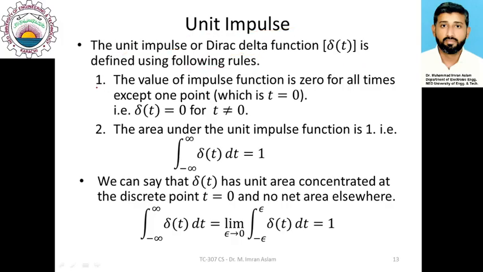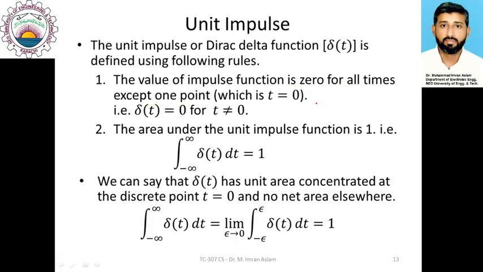The first property is that the value of the impulse function is 0 for all times. This function is 0 for all time except only one point, and that one point is t equal to 0. So the function exists at only one point. At all other points its value is 0.